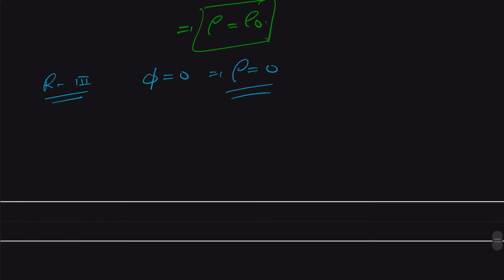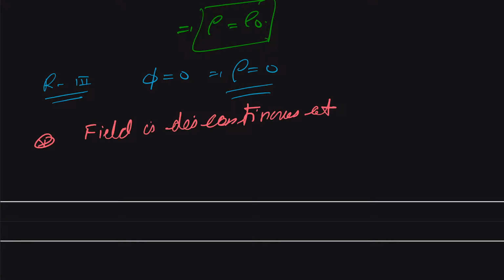Okay. And so we can say that our electric field is discontinuous at r is equal to capital R and r is equal to 2R.